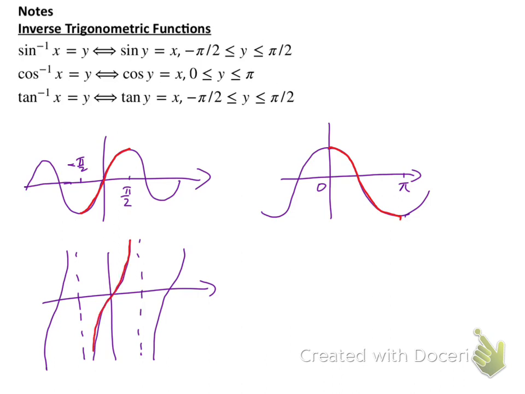This piece from negative pi over 2 to pi over 2. This is the reason when we talk about the inverse functions, we are choosing our range to be, essentially, these for each of them.